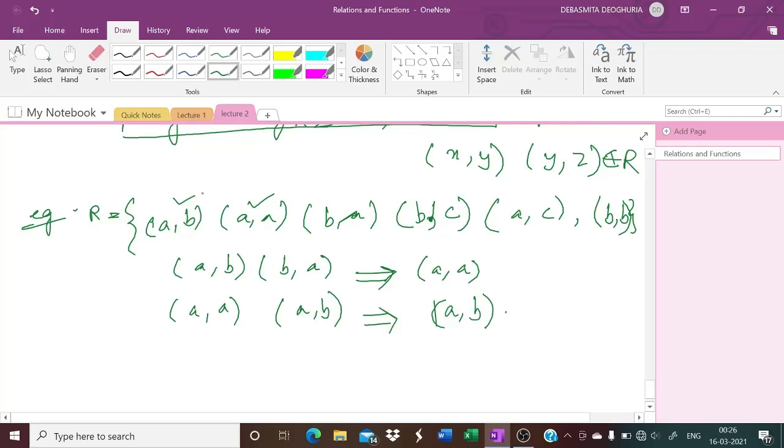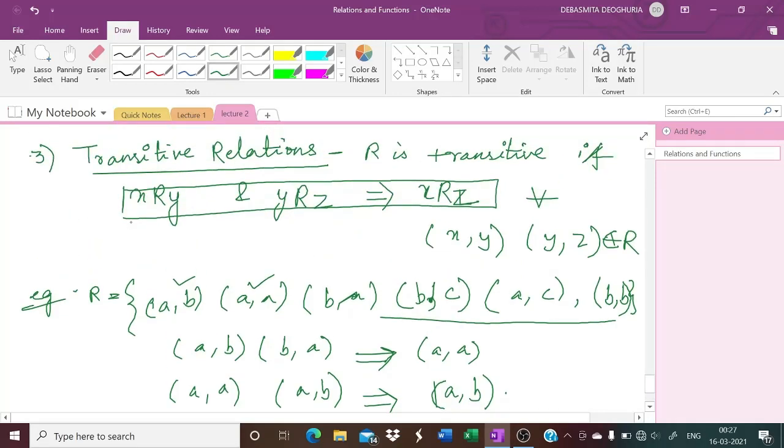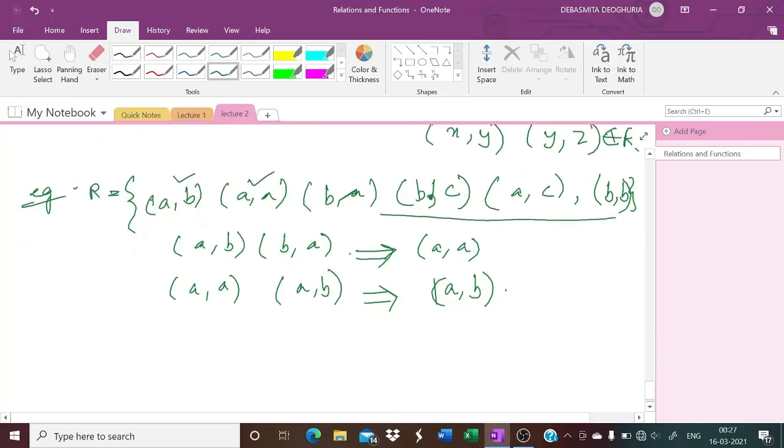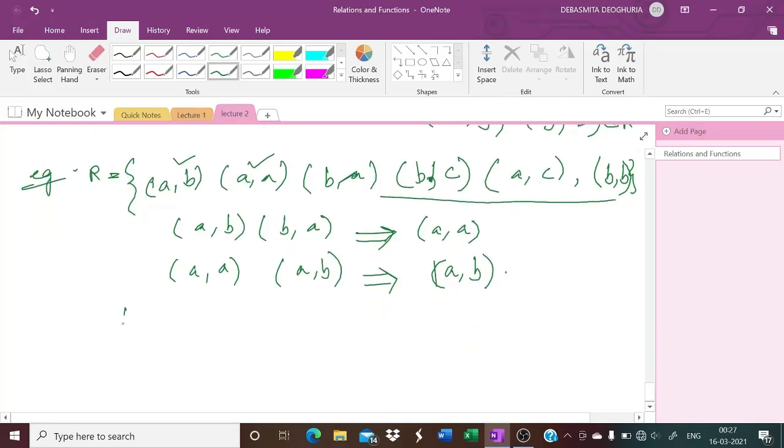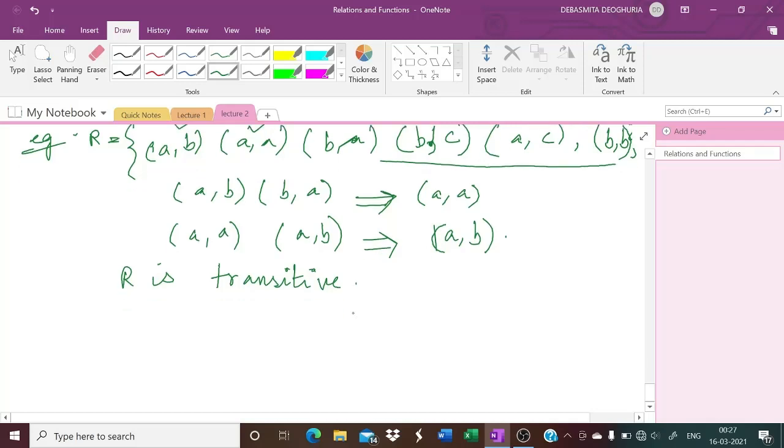So by taking all the remaining elements, you can actually prove that for all (x, y) and (y, z), you will get (x, z) in this relation. So this relation is transitive. So yeah, now you have got it.